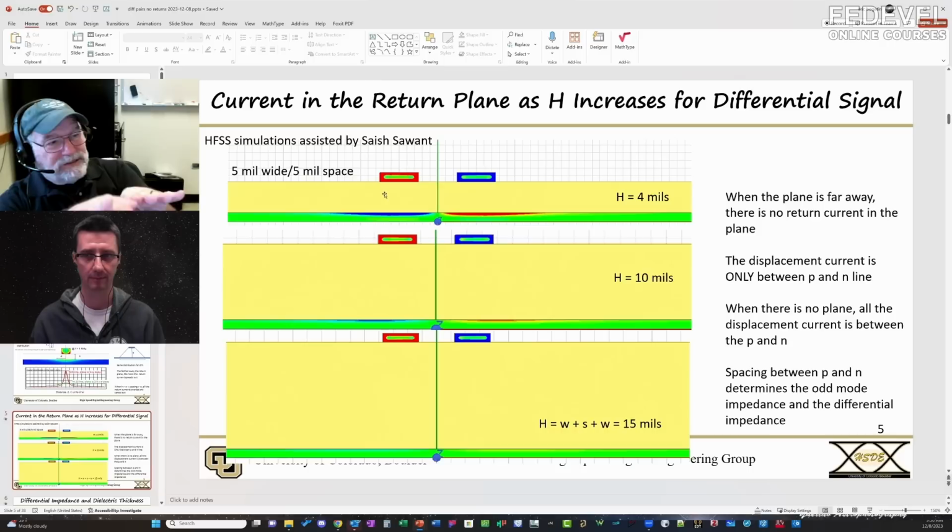So the coupling between them is really high, and they had to reduce the line width by a factor of 10 in order to keep the differential impedance constant. So they went from far apart and really wide to really close together and really narrow.